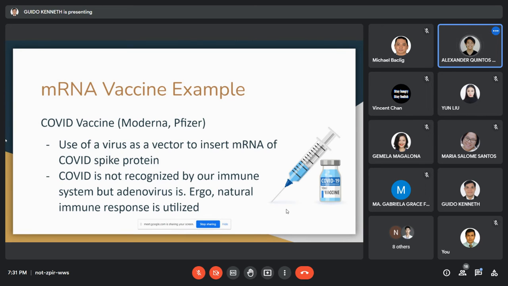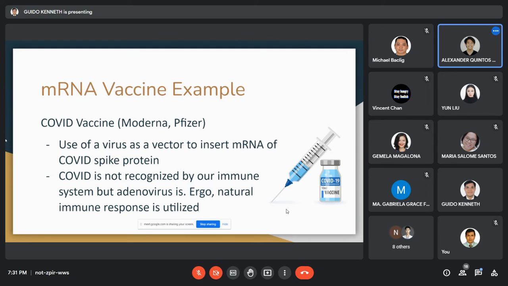protein. So remember, COVID is not recognized by our immune system because it's theorized that it is a genetic spillover from an animal source such as the bat or the pangolin. But adenovirus is recognized by our body.